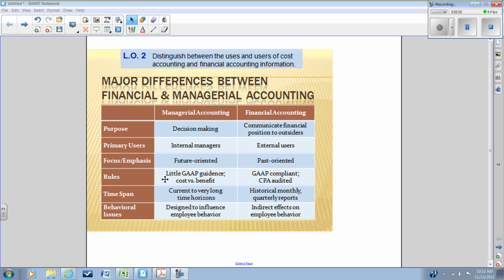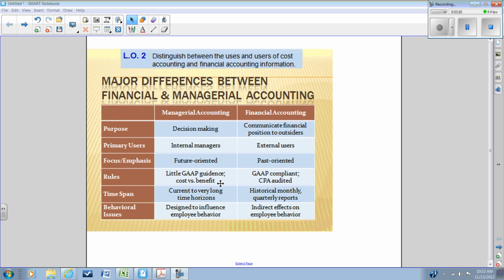The rules that you're going to apply are going to be based upon company policy and best practices. The criteria that we use in applying the rules, cost versus benefit, does cross over a bit into the concepts of GAAP, but much more heavily associated with managerial accounting.